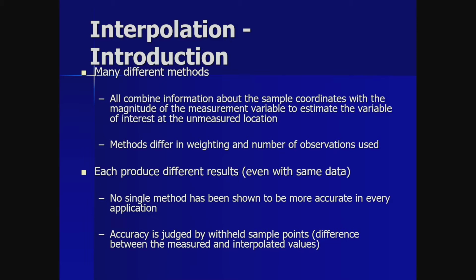oftentimes, if you're not doing Kriging, because if you're doing Kriging, I'll actually do this for you, but if you're not using Kriging, oftentimes what's best is to oversample. Let's say I want to make a surface of temperature or salinity or any of those variables. I would go out and take 100 samples, but I would only actually use a random sample of 90 of those samples to create my surface.